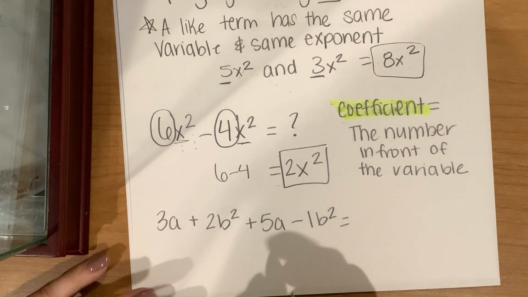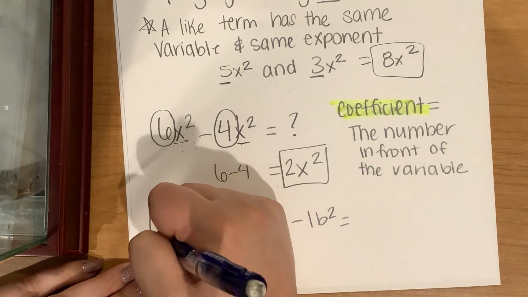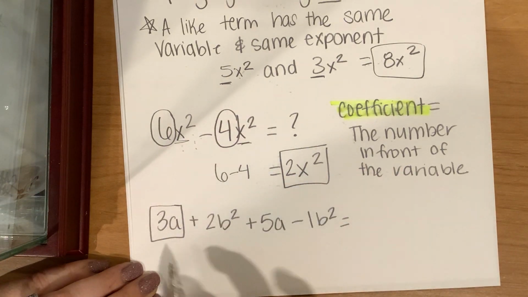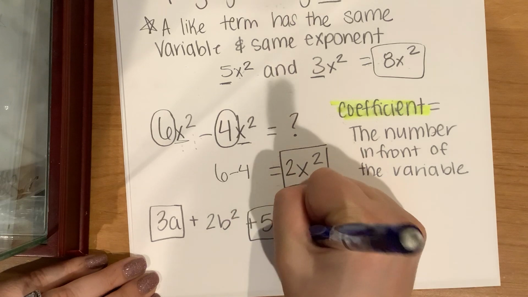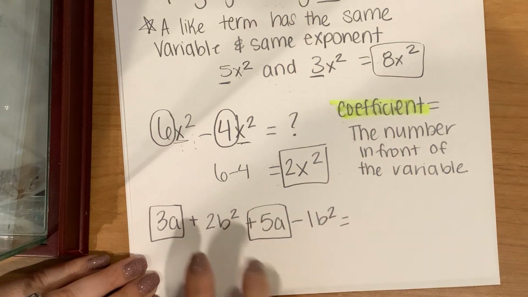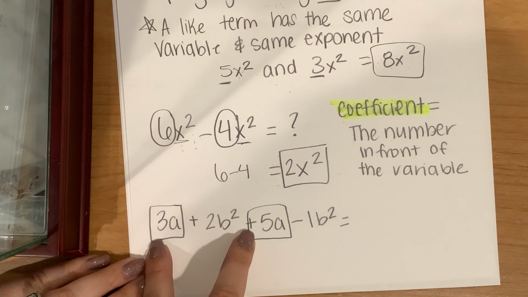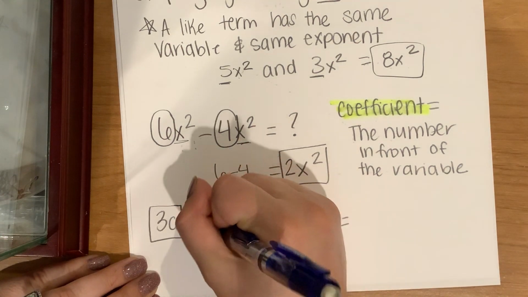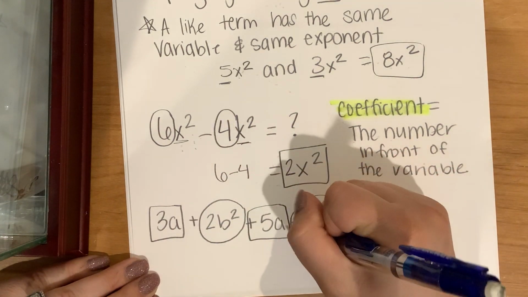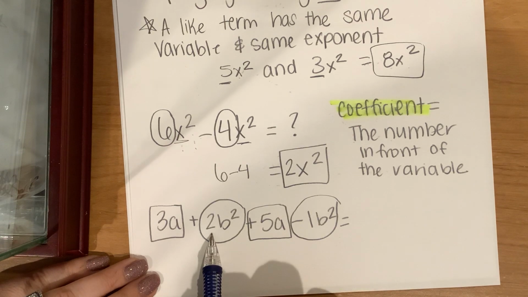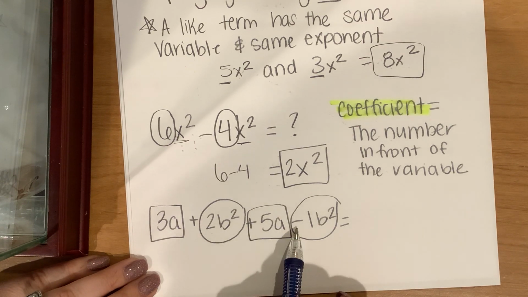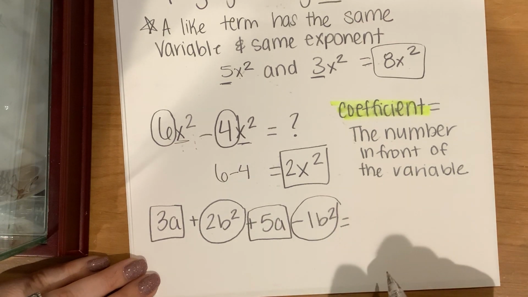So watch how I do that. I'm going to put a box around all of my like terms with an a. I've got 3a and 5a and they are both positive. And I'm going to put a circle around my other like terms that have a squared. I've got 2b squared, that's positive, and I've got negative 1b squared here.